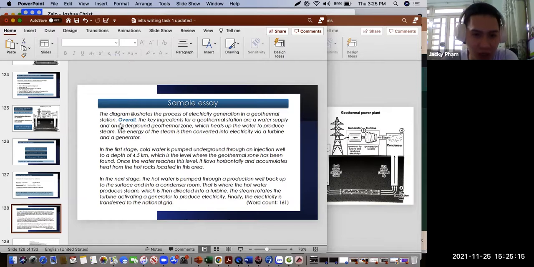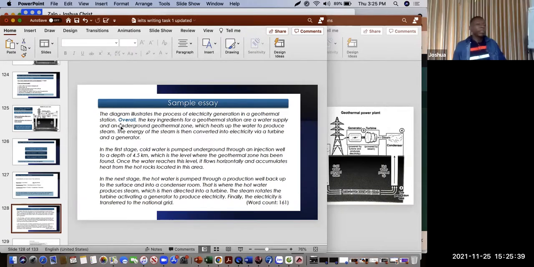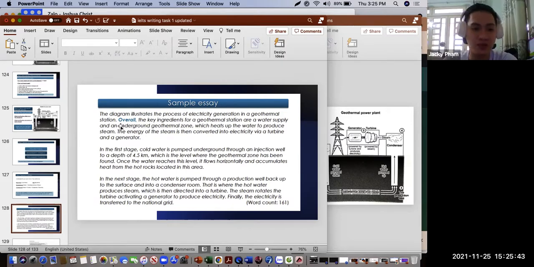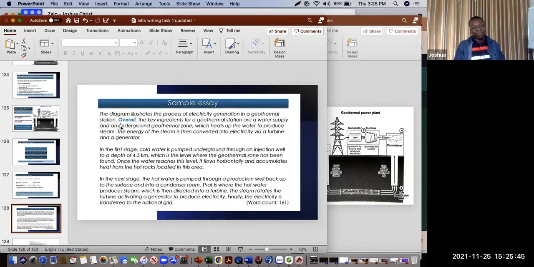Overall, the key ingredients for a geothermal station are a water supply and an underground geothermal zone, which heats up the water to produce steam. The energy of the steam is then converted into electricity via a turbine and a generator. Okay. Do you get it? It's easy.